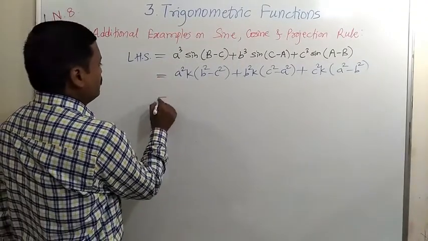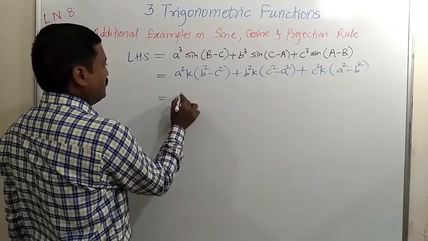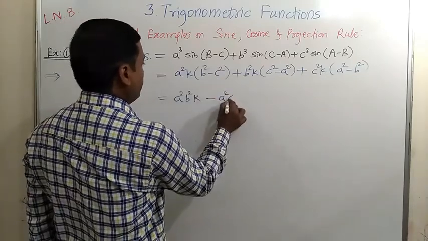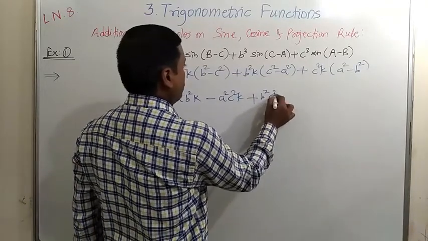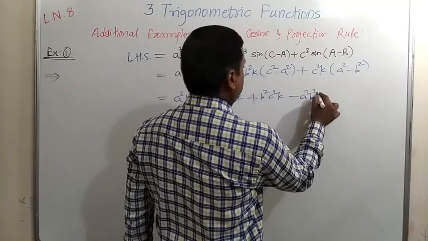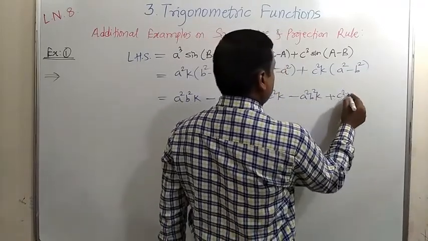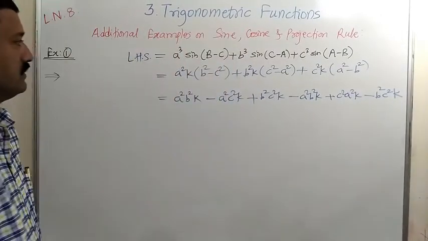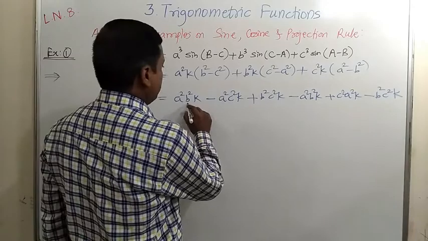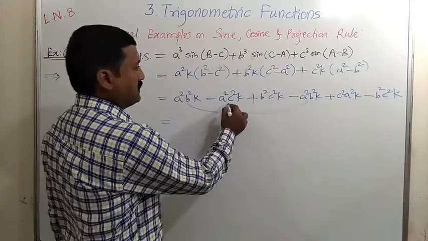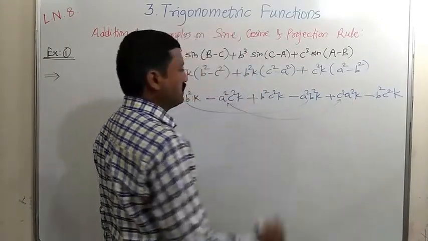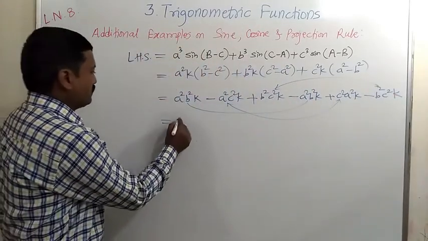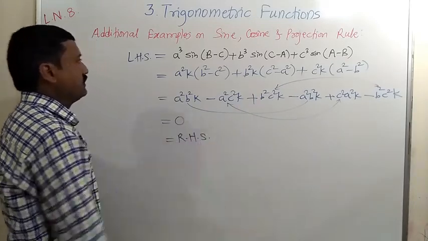We get A square B square K, minus A square C square K, plus B square C square K, minus A square B square K, plus C square A square K, and minus B square C square K. This A square B square K cancels with this A square B square K. This minus A square C square K is cancelled with this plus C square A square K, and this plus B square C square K will cancel with minus B square C square K. So the answer will be 0, and that is our required right hand side.